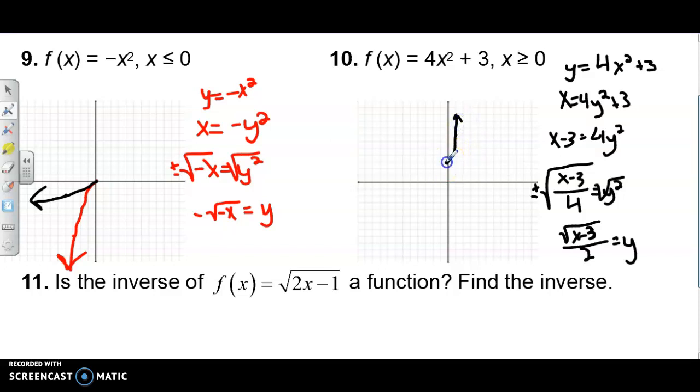But I'll just note that I had 0, 3, and I had 1, 7. So 0, 3, I'll just go to 3, 0. And 1, 7 will just turn into 7, 1. And that's the other graph.